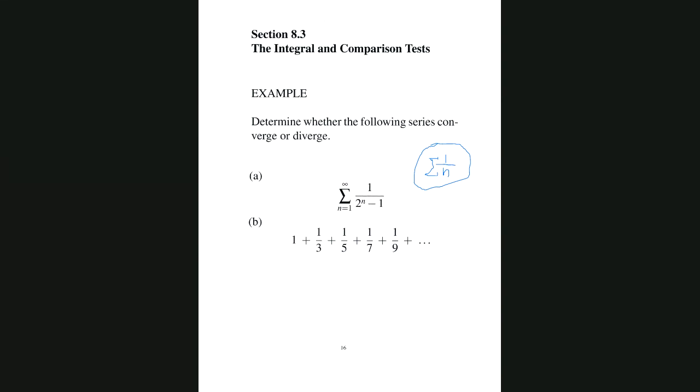So to help us understand this series, we need to get a formula for the series. What would a formula for this series be? Obviously, it's going to be 1 over something, right? What would go in the denominator here?